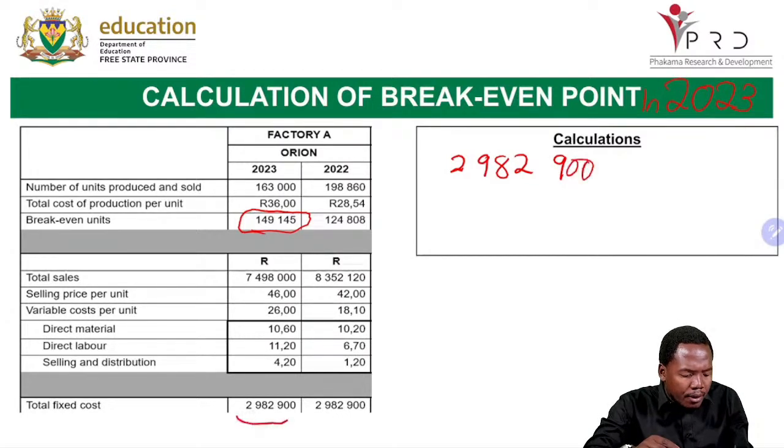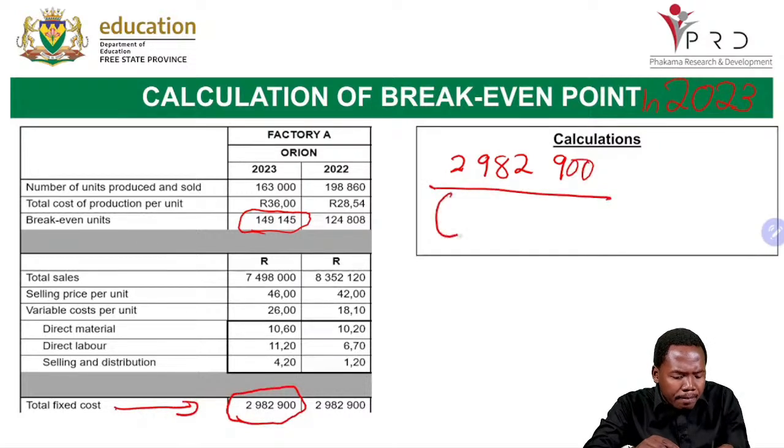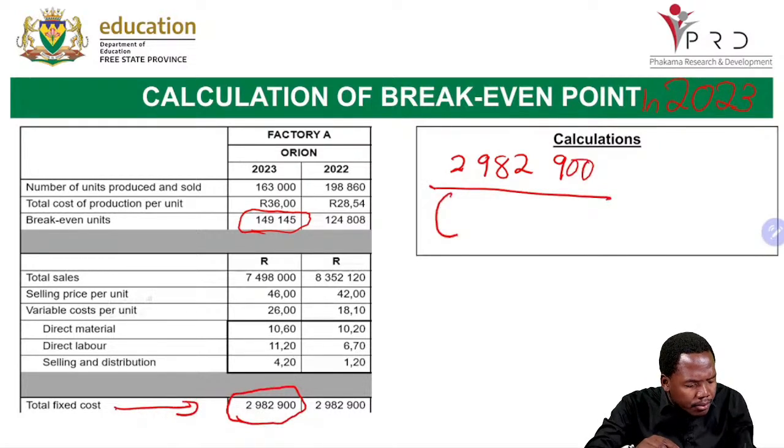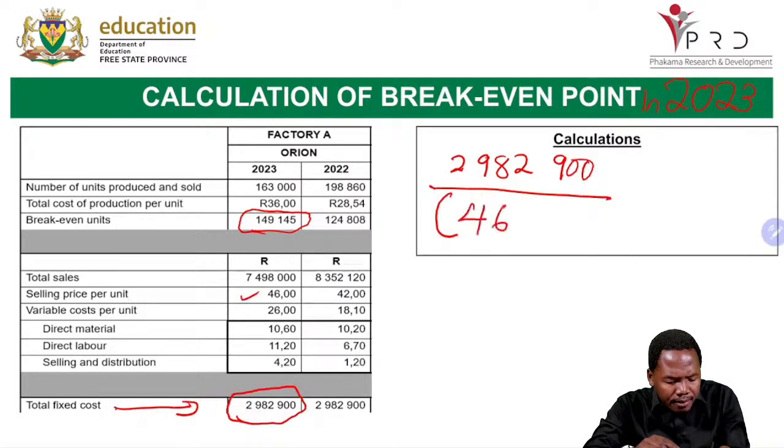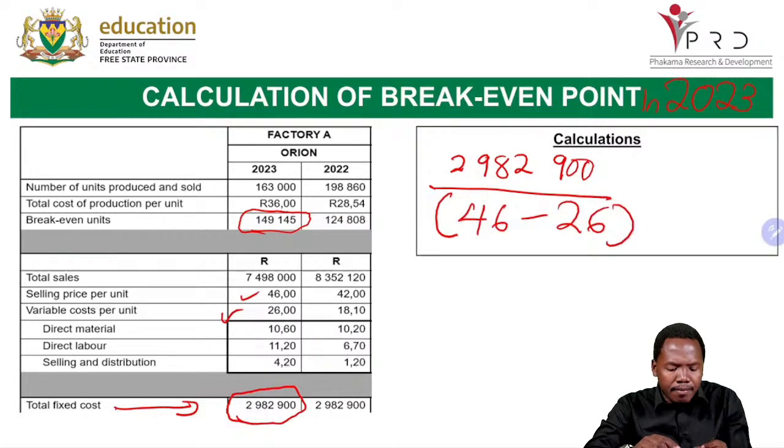Remember, for those who may be confused, that amount is our total fixed cost, divided by our selling price. Where's our selling price? Do you see it? 46 rands minus our variable cost, which is our 26 rands.